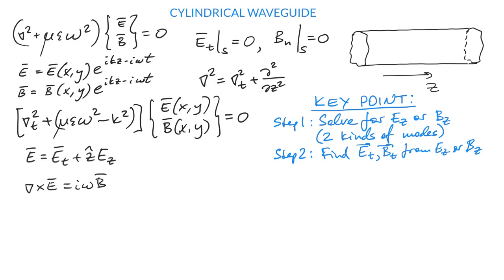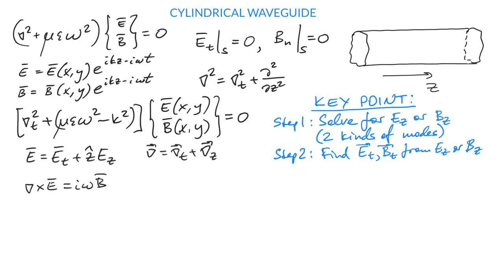So now we substitute the fields written in this form, and we use this form for the del operator as well. So we would write del as del_t, that's the transverse part, plus del_z.